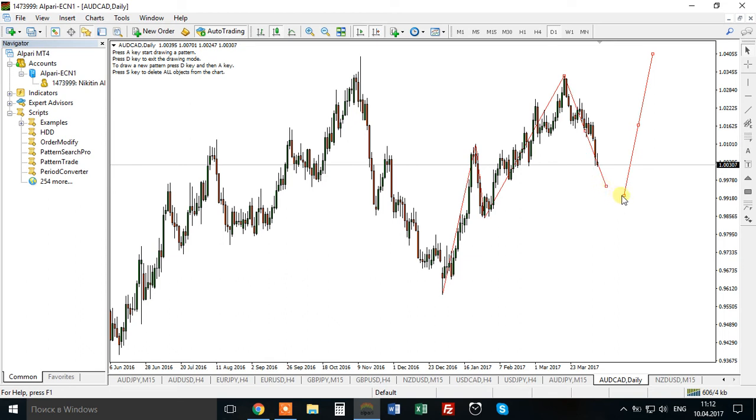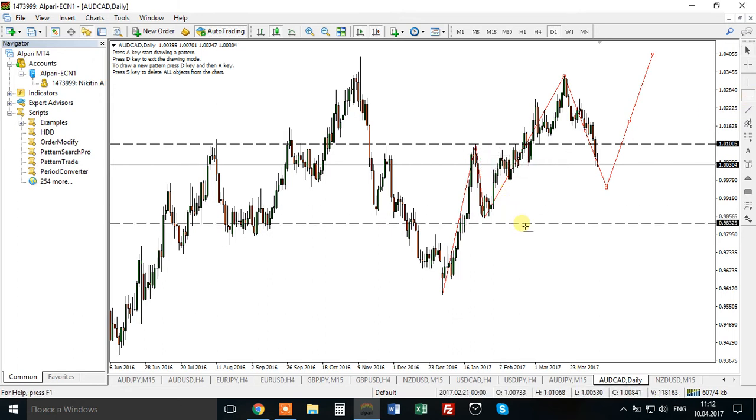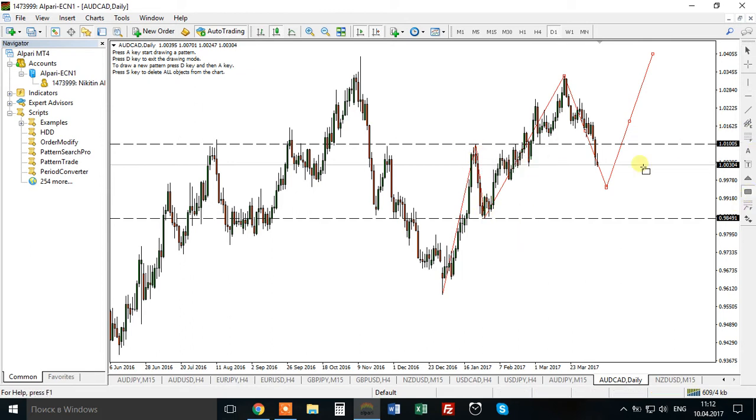Most typically we find some support within this range of previous structure resistance and previous structure support. Actually it is the range of our correction. If you mark it this way, it is the range of our correction. This is the wide buying zone.